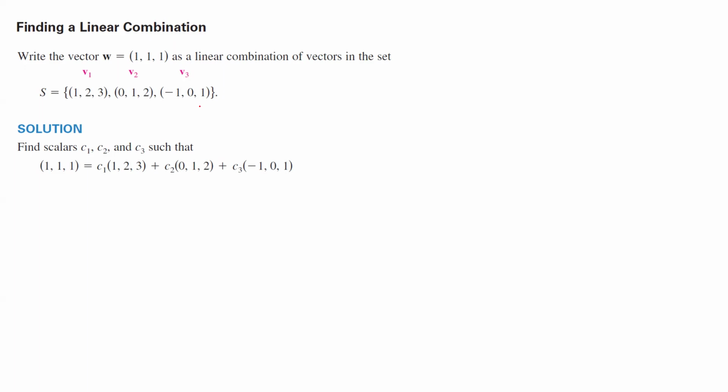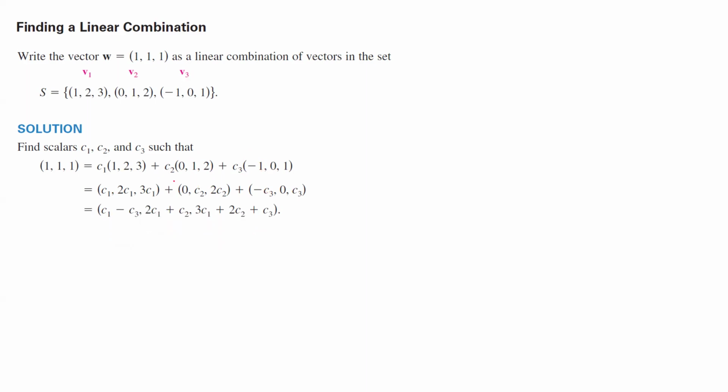Okay, how do I solve this? We can distribute C1 into the parentheses, C2 into the parentheses, and C3 into the parentheses, using scalar multiplication. It becomes (C1, 2C1, 3C1) plus C2 times 0, which is 0, C2 times 1 becomes C2, C2 times 2, 2C2, plus, now distribute C3, you get (-C3, 0, C3).